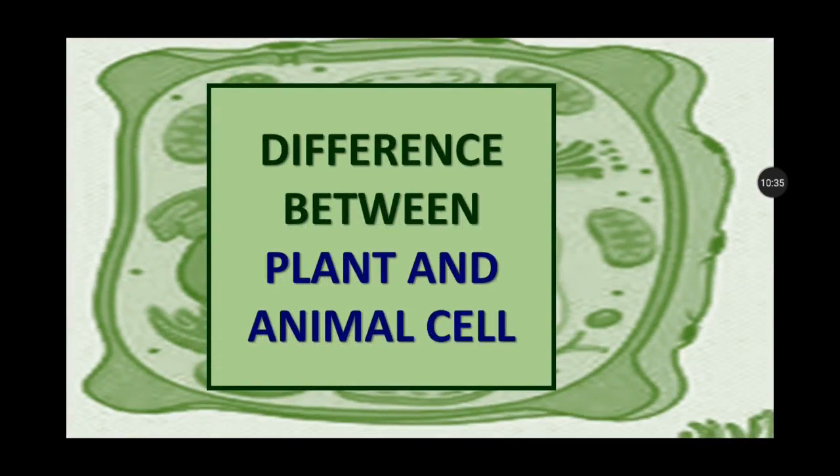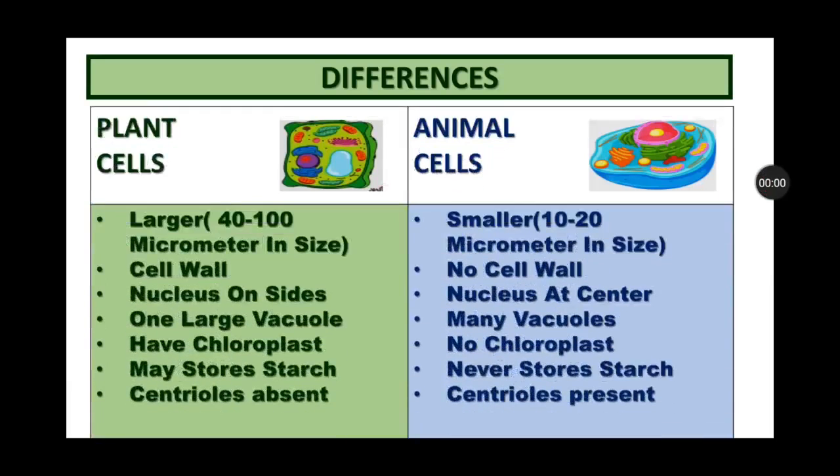Now, what is the difference between the plant and the animal cell? Plant cells are larger than animal cells. They are 40 to 100 micrometers in size, as compared to animal cells, which are 10 to 20 micrometers in size. Plant cells have a cell wall, but animal cells have no cell wall.